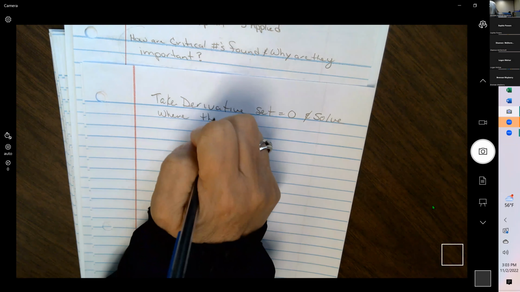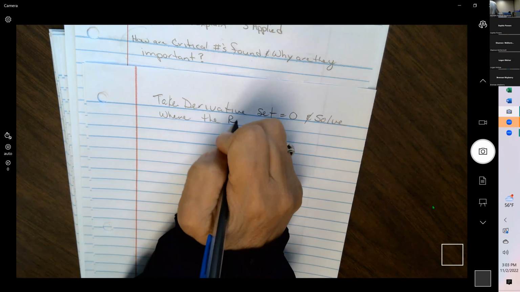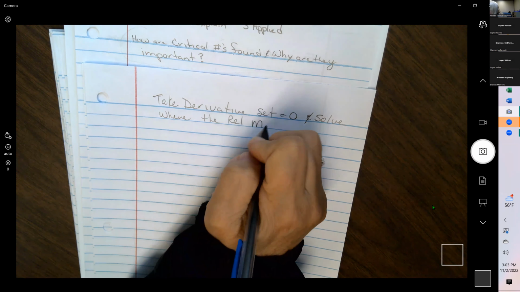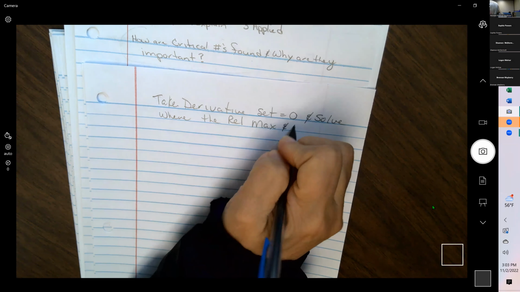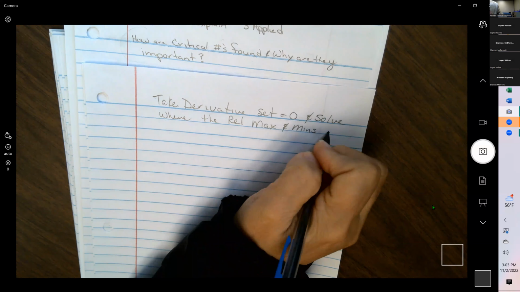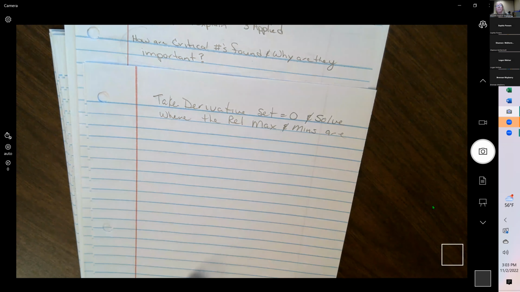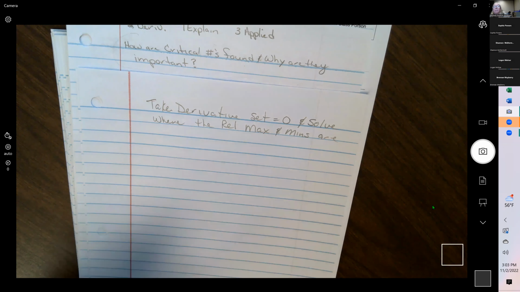It's where the relative max and mins are. So the critical numbers tell us where we have highs and lows in our graph. So you could say highs and lows or relative max and min, whichever one you think of at the time. So this is the explanation problem.